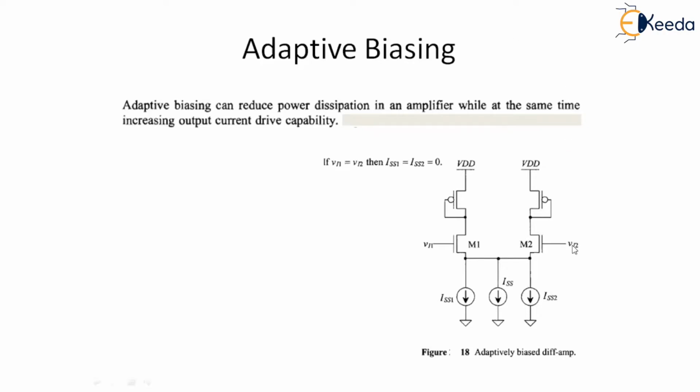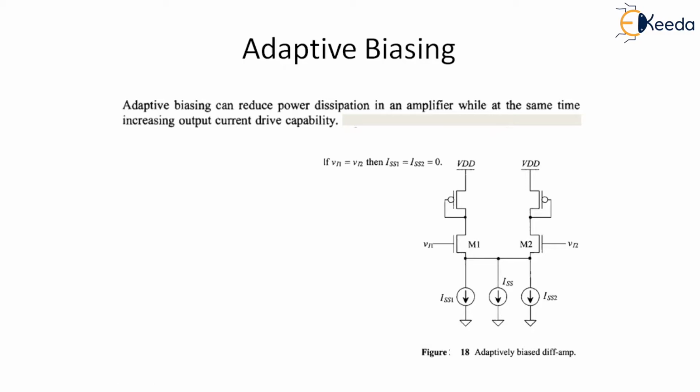Similarly, if VL2 is greater than VL1, then the current source ISS2 increases above zero. The differential amplifier output current is normally limited to ISS when one side of the differential amplifier shuts off.